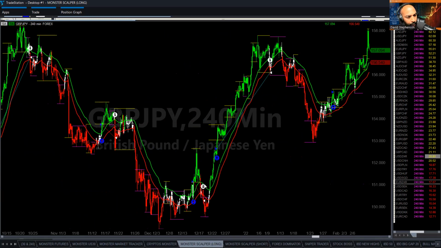Accumulation phase. There was a buy signal that failed. The next buy signal, we got a big run. So what we want to do is buy at the bottom and take that trade all the way to the top.